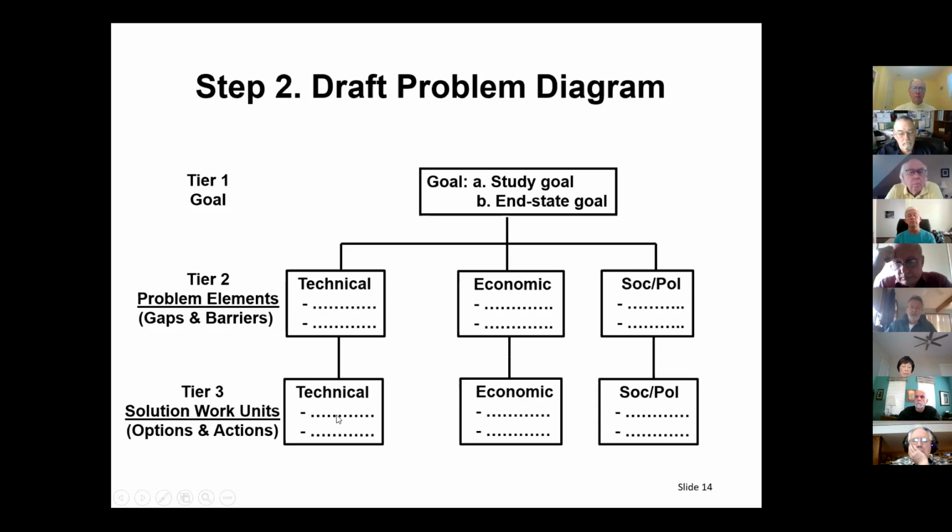And again, we break that up into the three categories so that we have the technical work units solving the various technical gaps, the same for economic and social political. So we've really taken this problem and divided it up into 6 different pieces as a start.